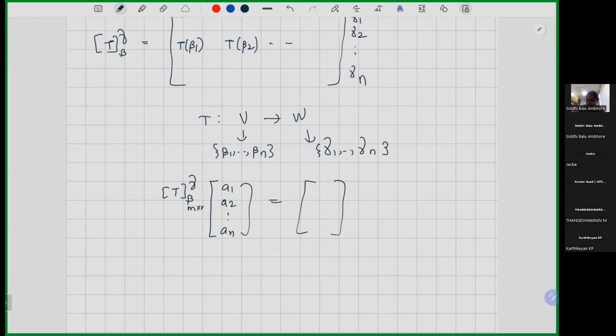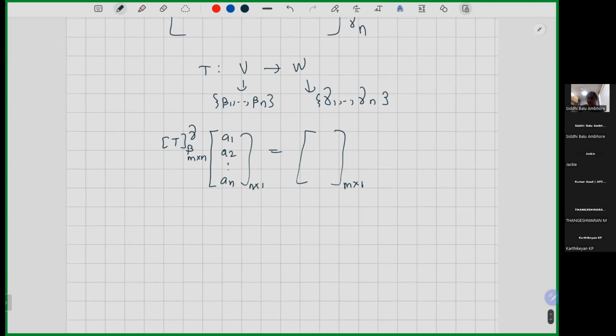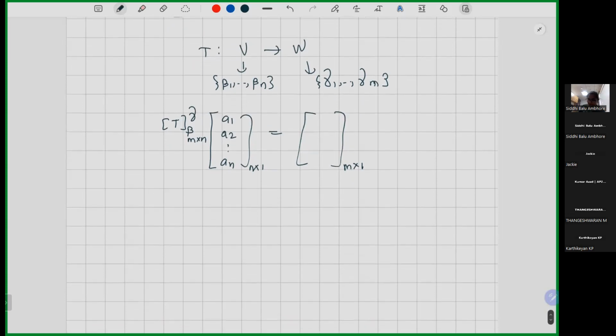If this is an M cross N matrix and this is N cross 1, I will get an M cross 1 matrix. What does this imply? That T of A1 beta 1 plus up to AN beta N is going to B1 gamma 1 and so on up to Bm gamma m, where this is B1, B2, up to Bm. This is what the linear transformation matrix means.